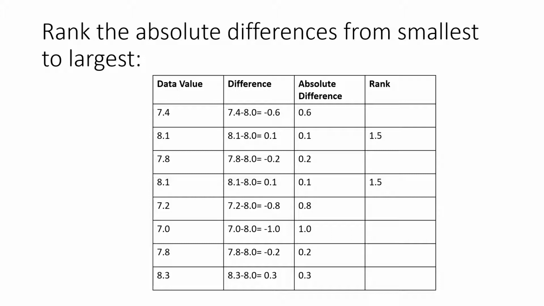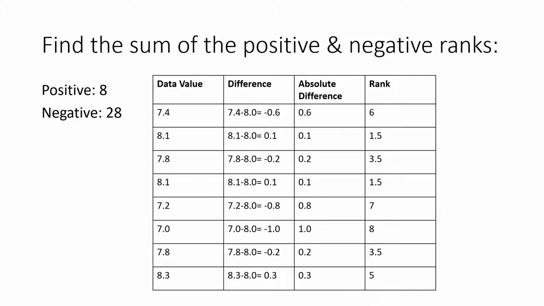And then I'd move on and say, okay, what's next? Well, in the third and fourth smallest places, I've got 0.2. So I need to rank those equally also. Those would be the third and fourth, so the average of those two places would be 3.5, and so on. And I continue to rank them as I go.